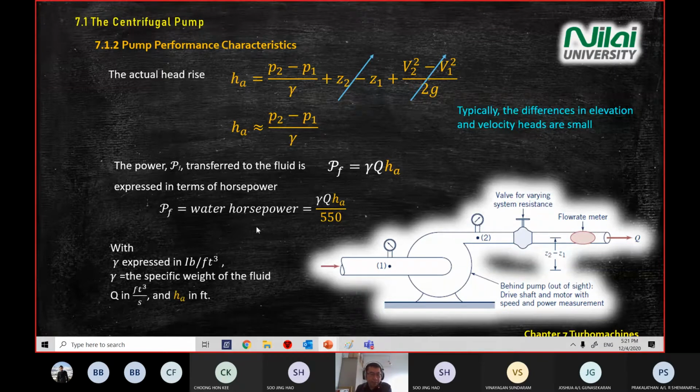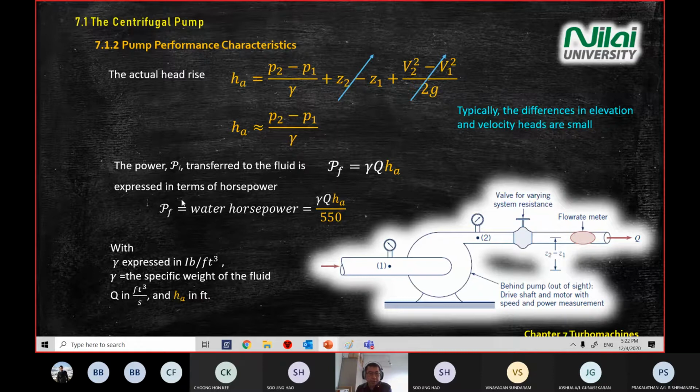This is a side note now. When you want to use the ratio to convert to horsepower by 550, all your units must be in imperial units, like the specific weight in pounds per cubic feet, Q in cubic feet per second, and then your actual head rise in feet.